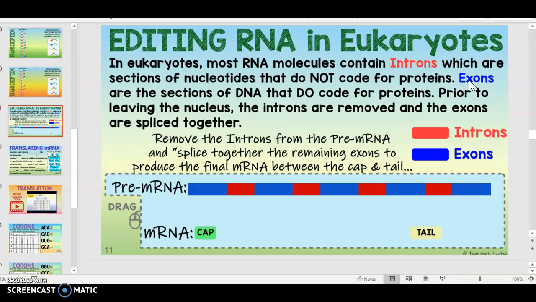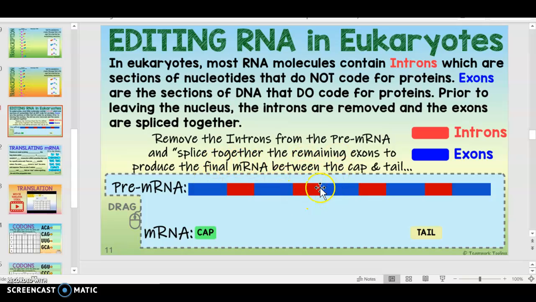So what our bodies do is they use enzymes to cut these little snippets out before it leaves the nucleus. So if we look at our instructions, it says remove the introns, and introns are red, from the pre-mRNA, they call it pre-mRNA because it's not done, and splice together the remaining exons to produce the final mRNA.